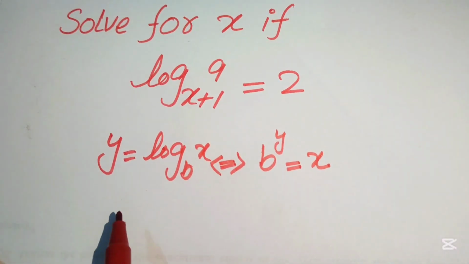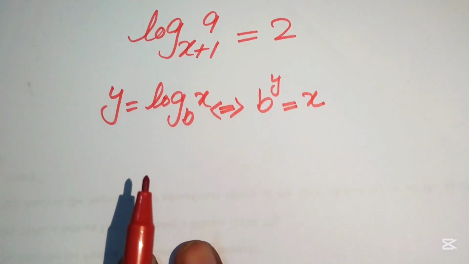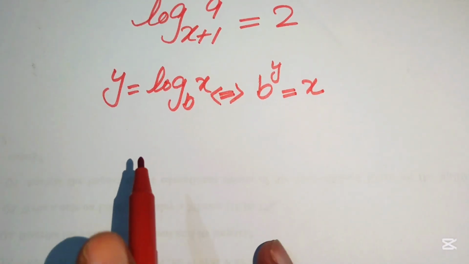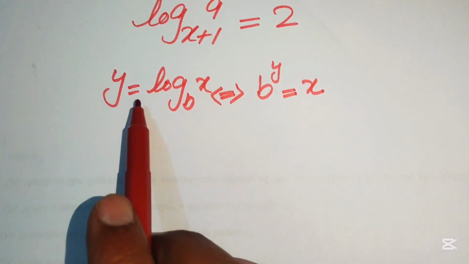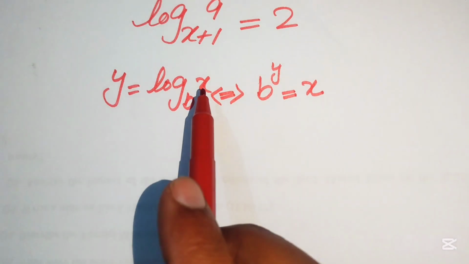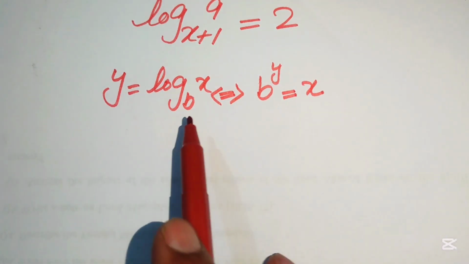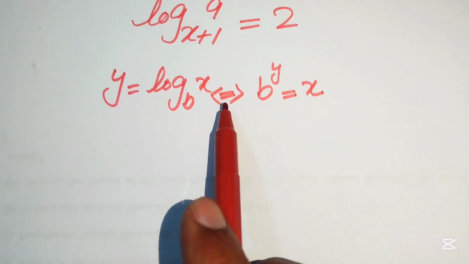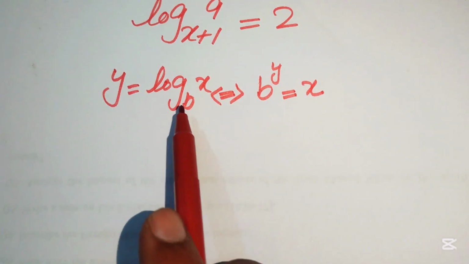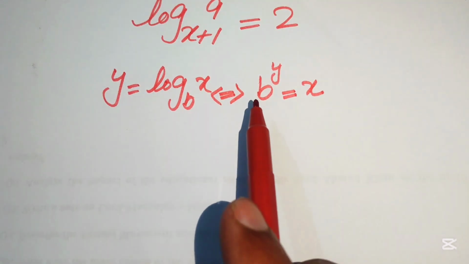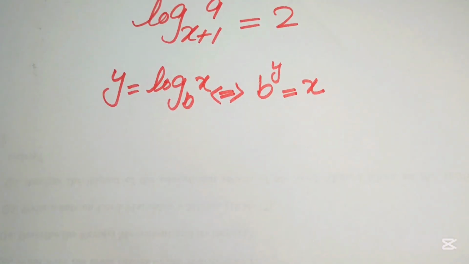Okay, so this is the definition of log, and I can recall that if you have y equals log of x with base b, this implies that if and only if b to the power of y equals x.